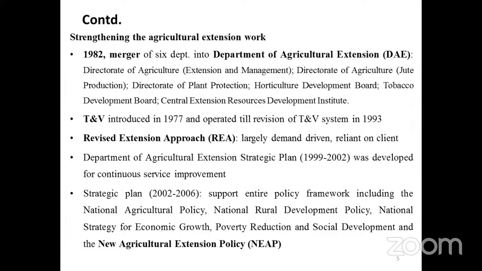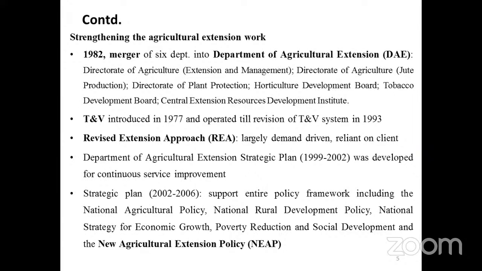Moreover, the society and culture there are similar to ours. So whatever the reasons for failures of this T&V system and how it operated, they are all the same, be it Bangladesh or India or Pakistan. So you now have a broader vision of extension in Bangladesh, how it happened in 1975 and this T&V era.